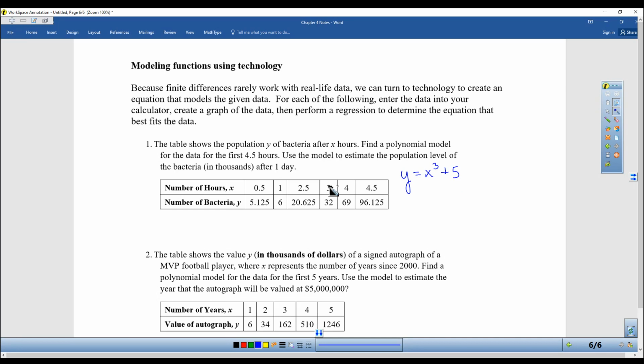Remember, the x stands for how many hours for the bacteria, and then the y actually shows the number of bacteria in thousands. So the next part of the question says, use the model to estimate the population level of the bacteria in thousands after 1 day, which, because we're working in hours, we'll have to change that to 24 hours.